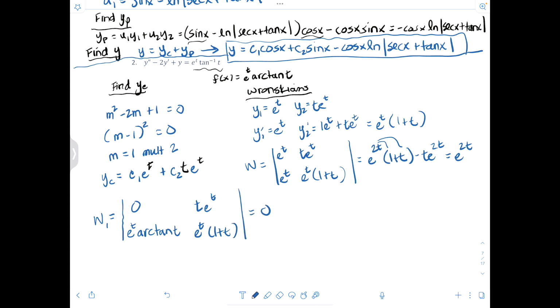That's going to be 0 minus t e to the 2t, arc tangent of t, which is just negative t e to the 2t, arc tangent of t.